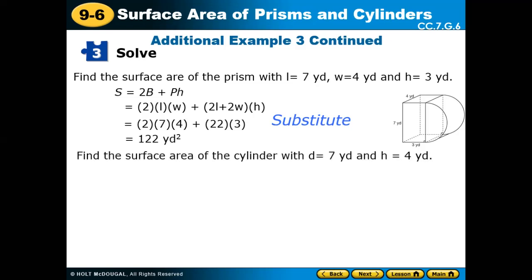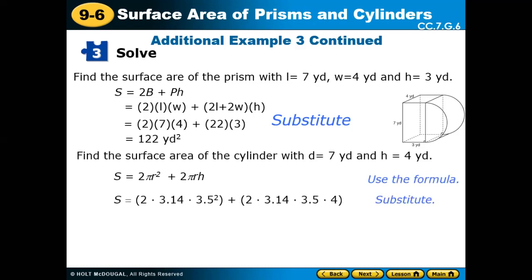We will start to find the surface area of the cylinder with diameter 7 yards and height 4 yards. First, we write the formula S = 2πr² + 2πrh. We start to substitute in our formula: 2 multiply 3.14 multiply 3.5 squared.